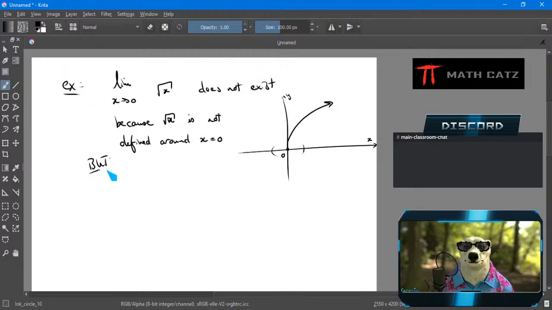But the limit as we approach 0 from the right only exists, and we're all good. Because then we are saying, we don't care about exploring behavior where there is no behavior to explore.